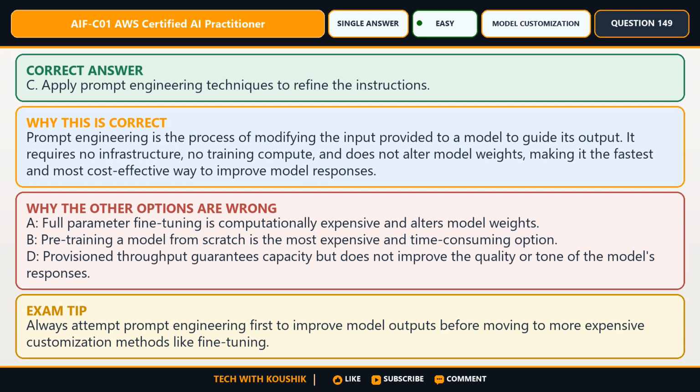B. Pre-training a model from scratch is the most expensive and time-consuming option. D. Provisioned throughput guarantees capacity but does not improve the quality or tone of the model's responses. Exam strategy: always attempt prompt engineering first to improve model outputs before moving to more expensive customization methods like fine-tuning.